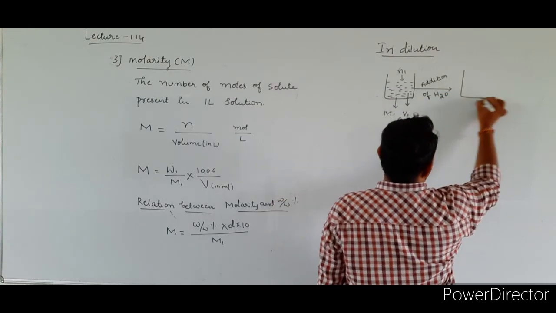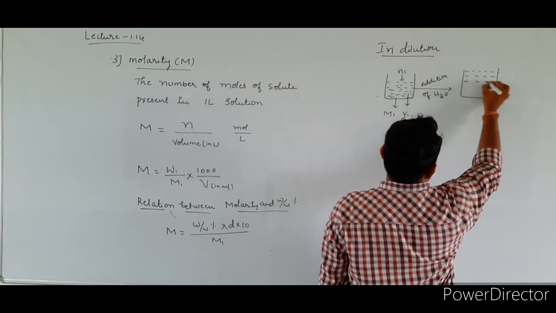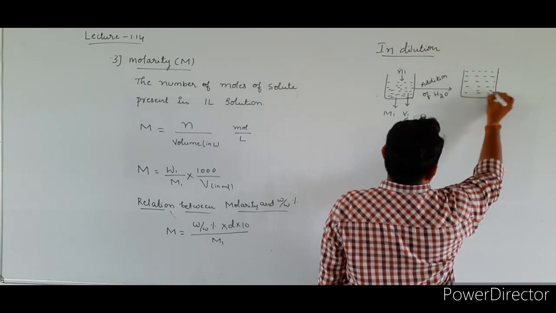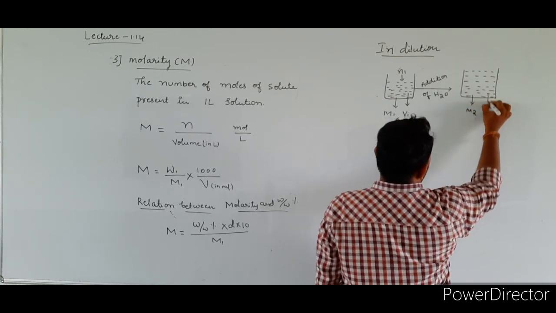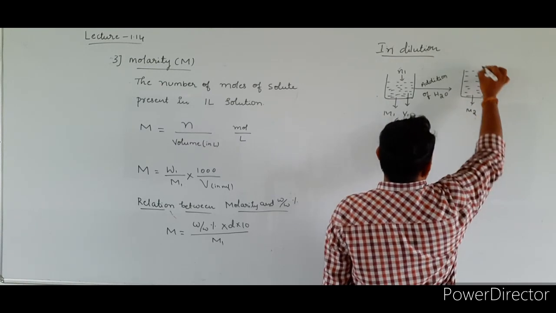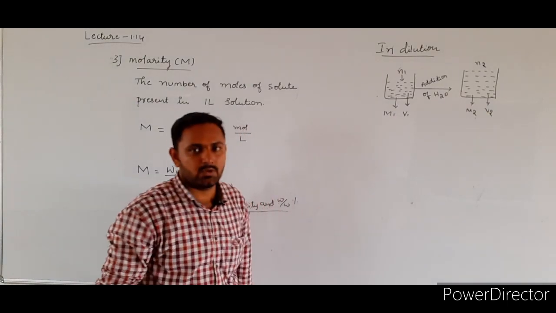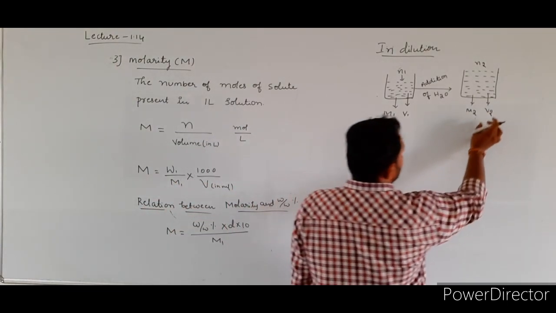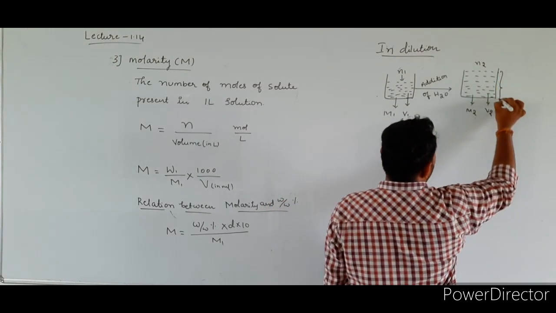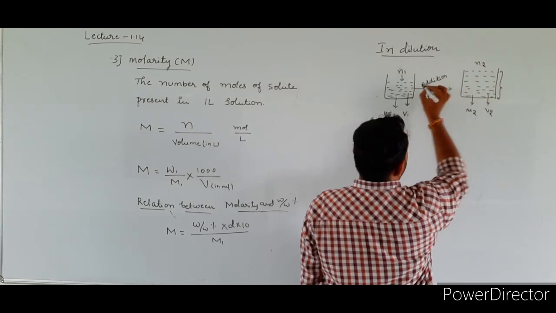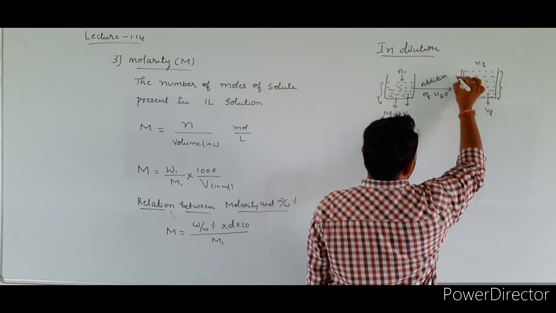After addition, the molarity of solution is M2 and the volume is V2 and the number of moles of sugar is n2. Here V2 is greater than V1. Why? Because volume increases after dilution.